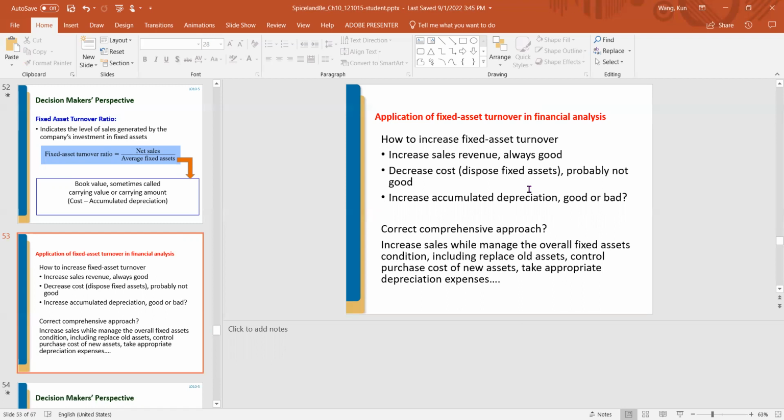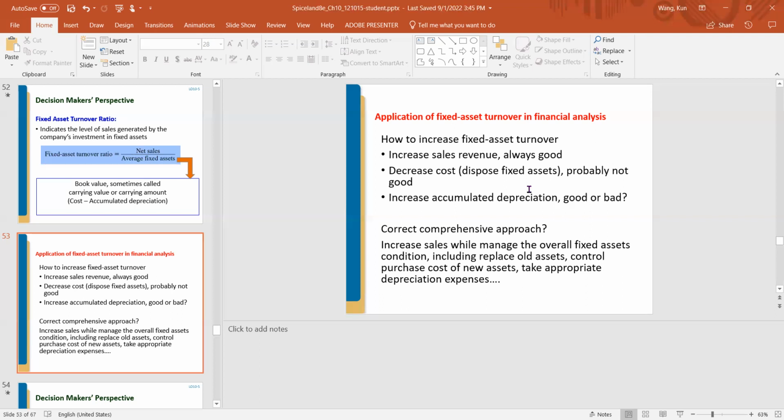We don't want to reduce the scale of the operation. But when fixed assets reach their retirement life, if they are already very old, we can think about replacing your old assets with newer assets, but not just getting rid of them. That's the way you update your existing fixed assets through replacement.